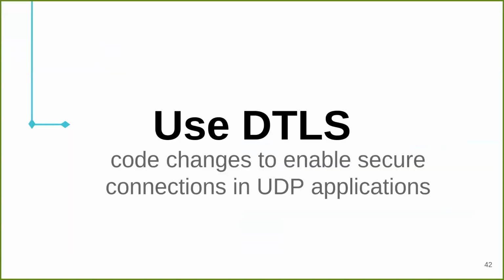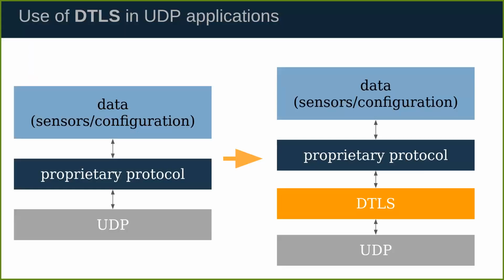So now we're going to take a look at how you can enable DTLS inside your applications and projects. Basically, how can you go from an unsafe protocol that uses UDP directly to a protocol that uses DTLS on top of UDP?